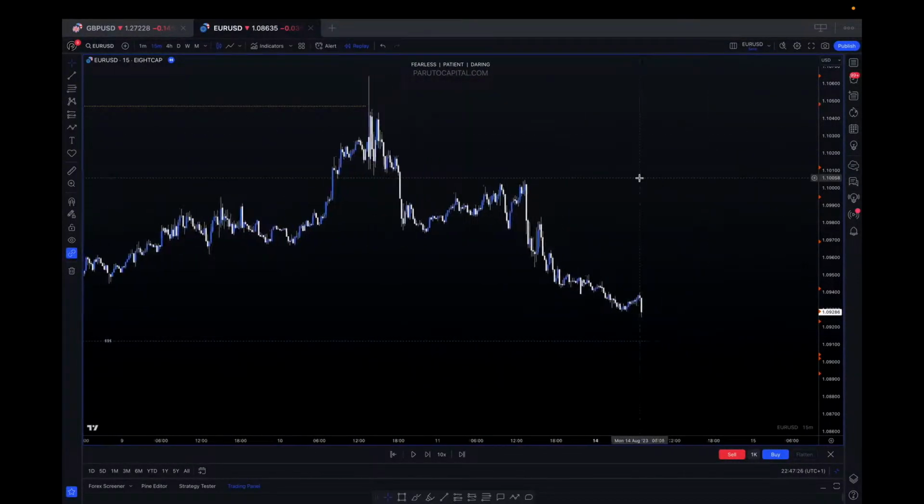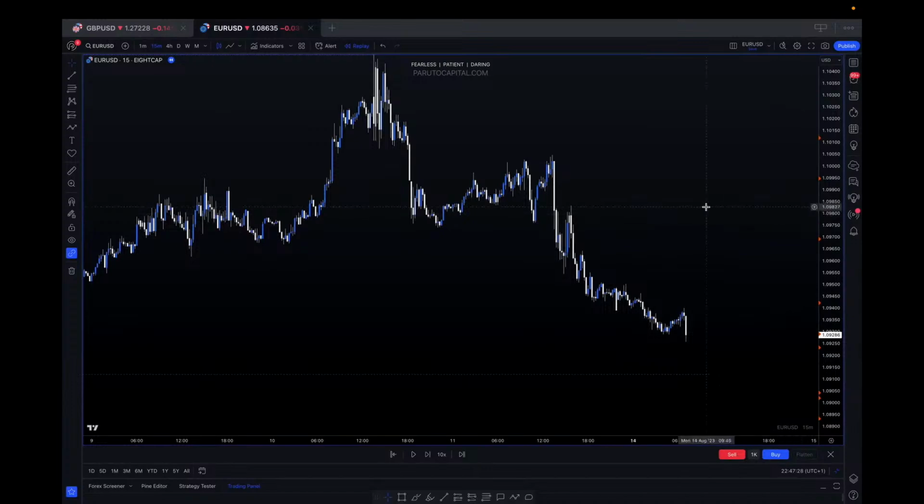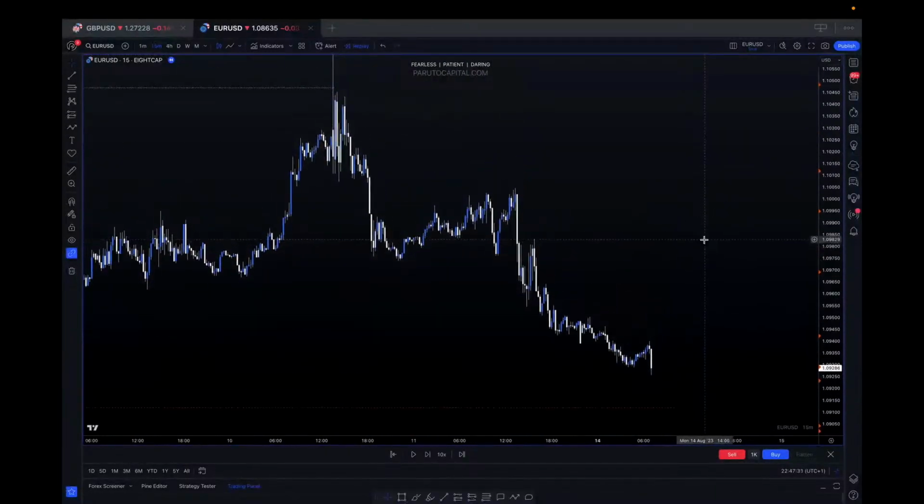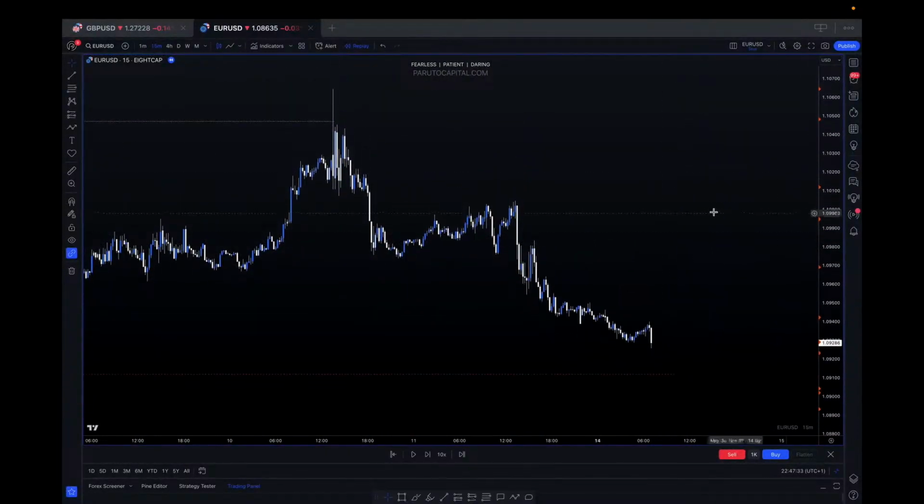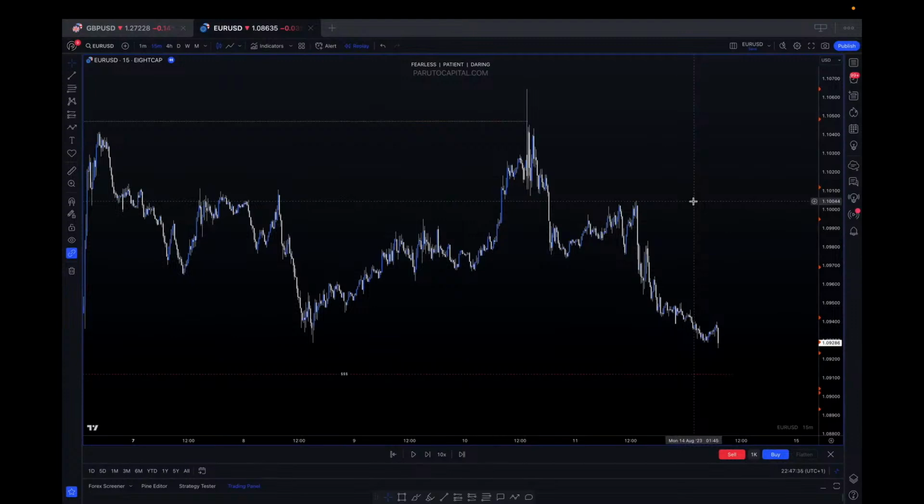Now let's zoom in to where we are with respect to price. We're super clear with respect to structure on the 4-hour, and now on the 15 minutes we're simply looking for the right entry point so that we can time the market.